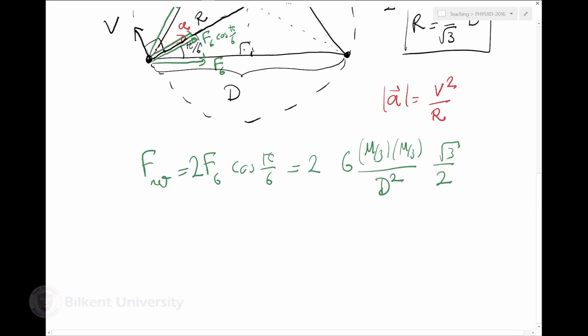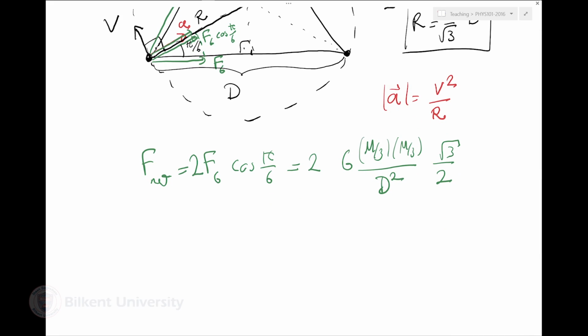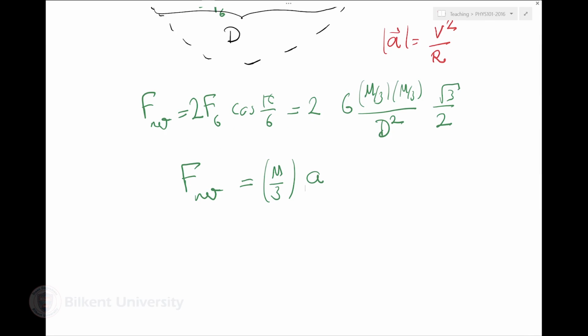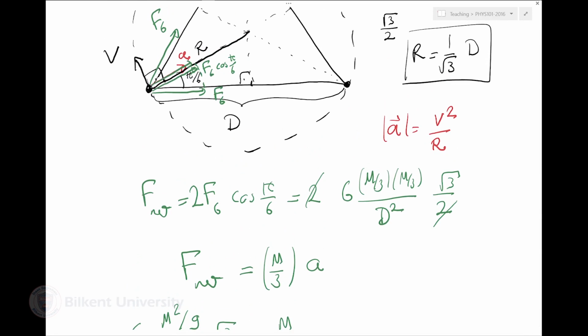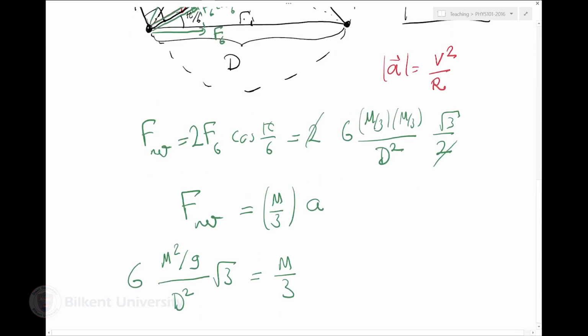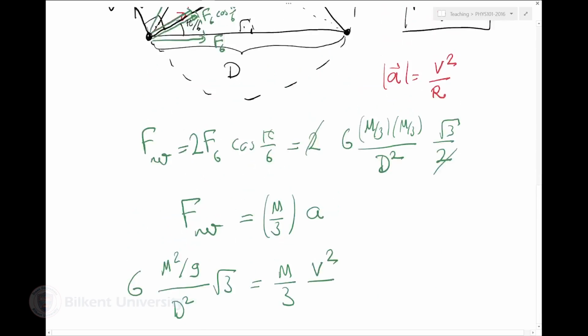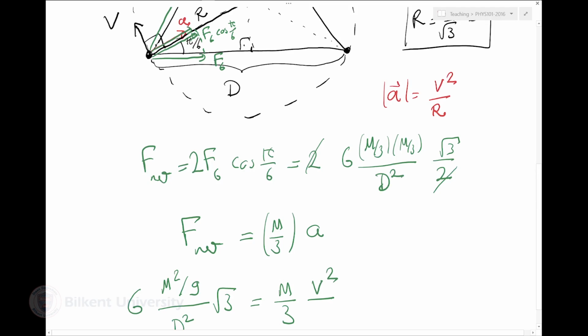Okay? Good. Then the only thing that's left to write is Newton's equation. F net is equal to m times a. Now I know what F net is. G m square over 9 divided by d square times square root of 3 is m over 3 times. What was a? A is v square over r. So I can write this as v square over, and r is d over square root of 3.